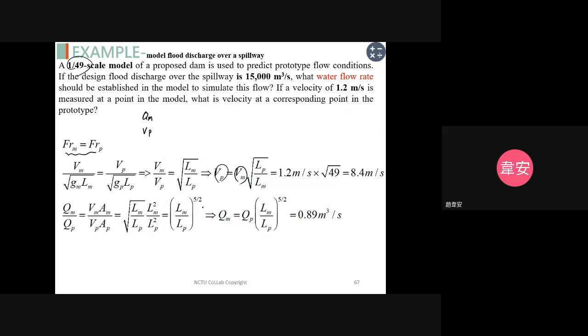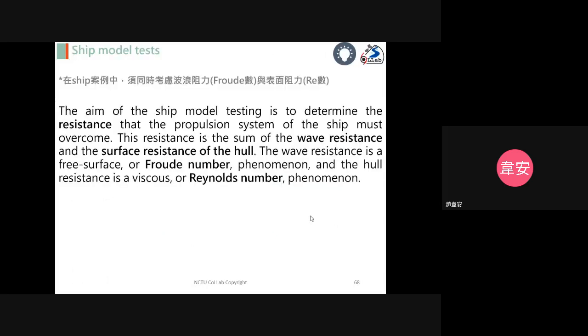Finally, Qm is equal to Qp times the length ratio to the 5/2 power. So finally, the discharge in the model is around 0.89 meters cubed per second.